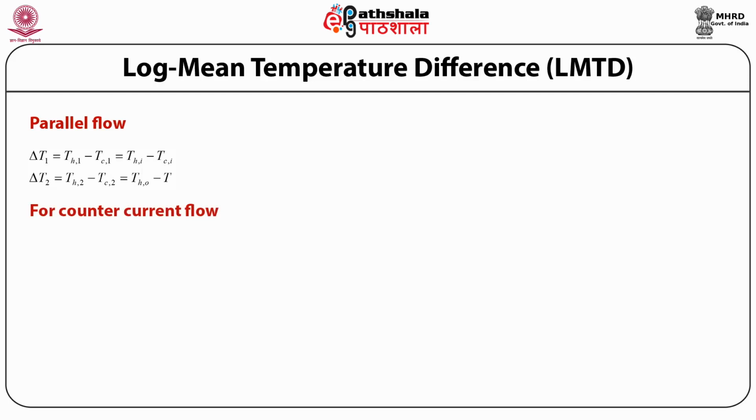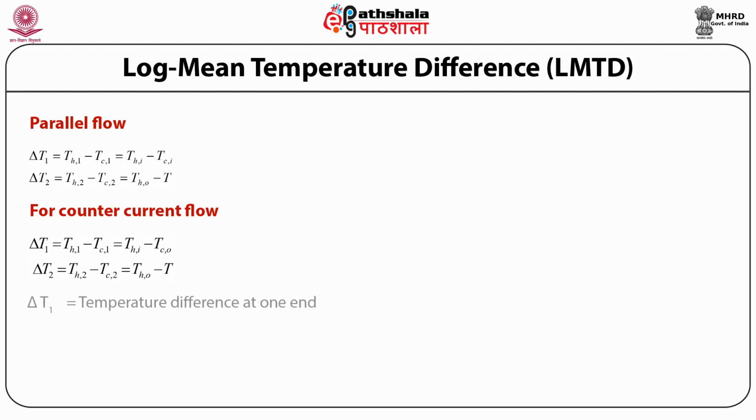For countercurrent flow, del T1 is Th1 minus Tc1, which equals Thi minus Tco, and del T2 equals Th2 minus Tc2, which equals Tho minus Tci. Del T1 is the temperature difference at one end and del T2 represents the temperature difference at the other end.